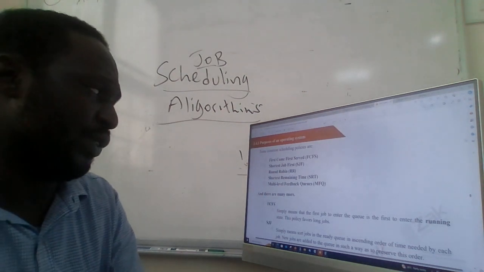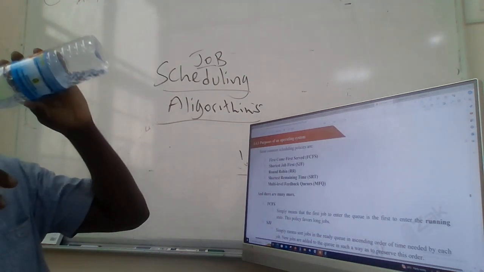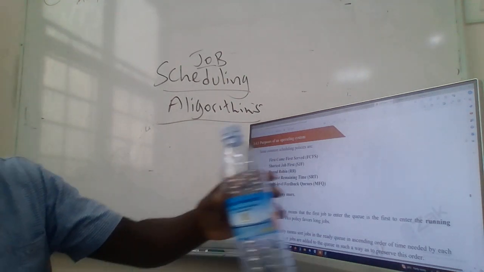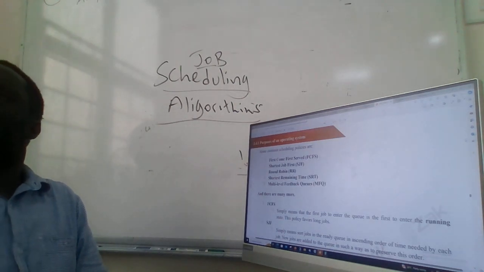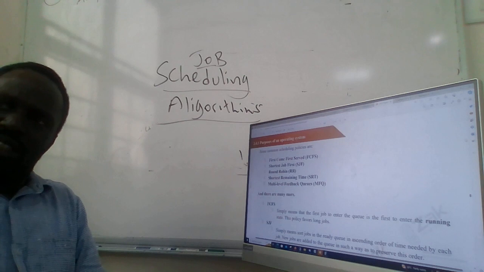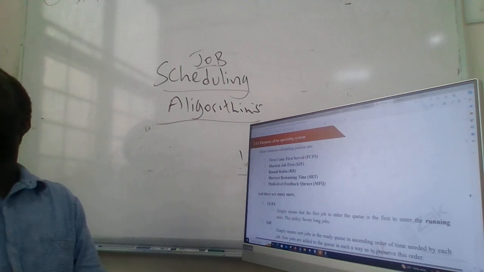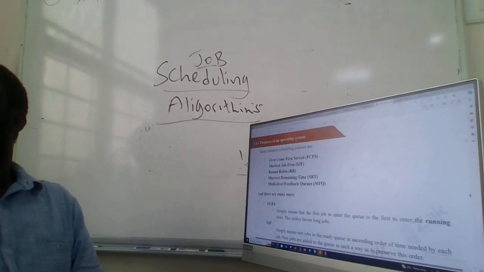Then we have what is called round robin. Round robin is where tasks are given a maximum time that they use with the processor. If that time is over, those tasks must leave the processor, whether they have finished or not.